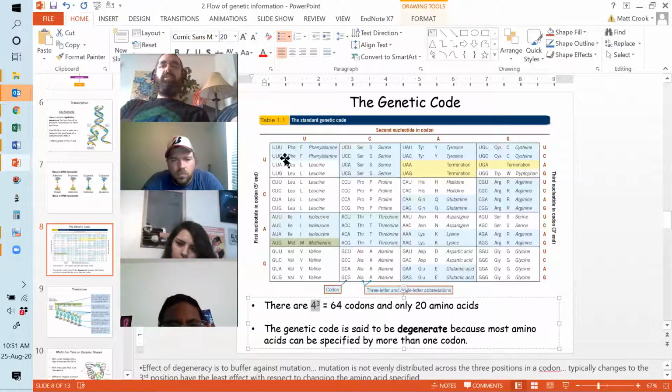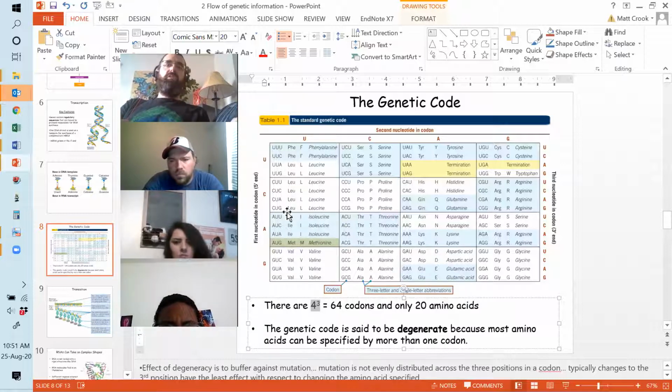And one of the cool things about that is that it essentially gives you a little bit of protection against mutation. So if you look at, let's say, threonine over here, there's an even better one. There's one that has 6. There we go, leucine. That's a better one.